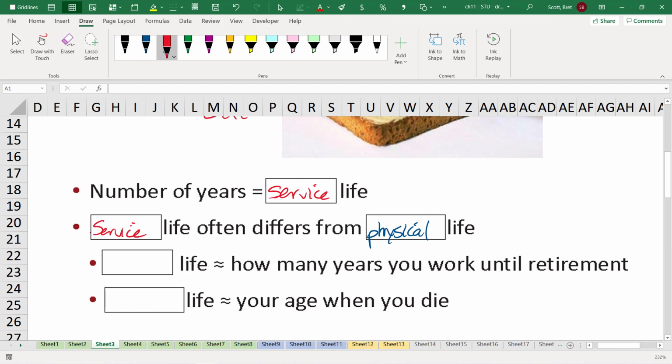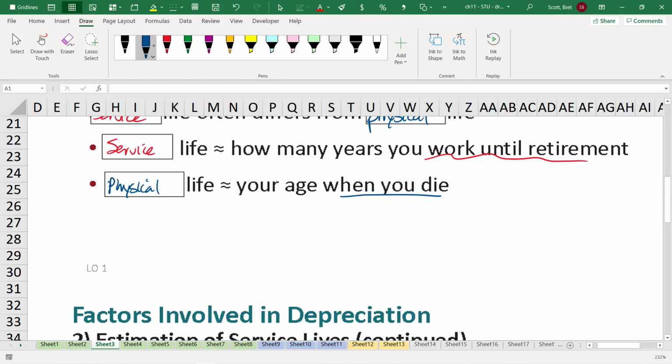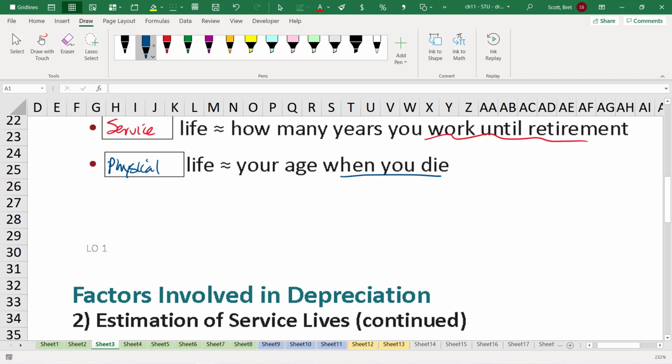Service life is similar to how many years you work until you retire, whereas physical life is essentially how old you are when you die. You're gone. The thing doesn't work anymore. We're going to bury it, not leave it on that road abandoned, right? That's physical life. The thing just won't turn on anymore. Service life is the thing's still working, but we're going to upgrade it to something else.